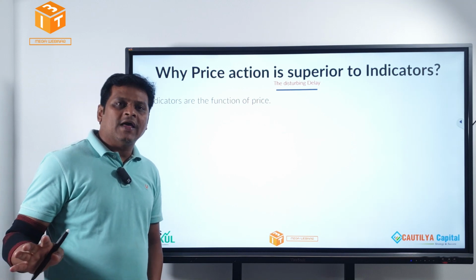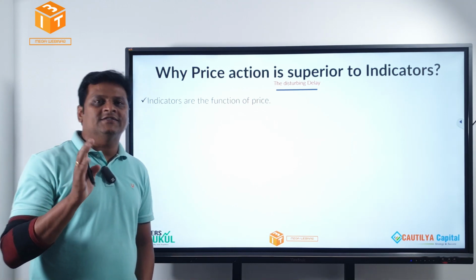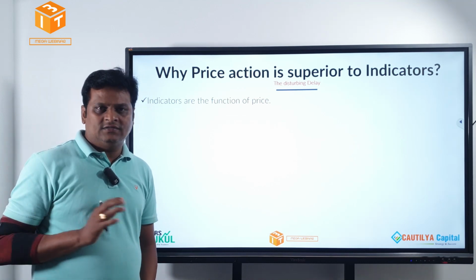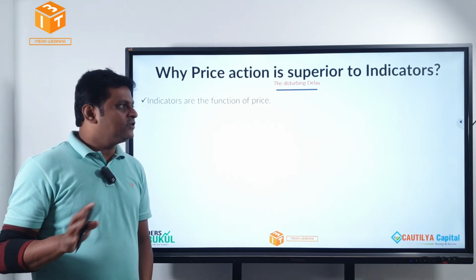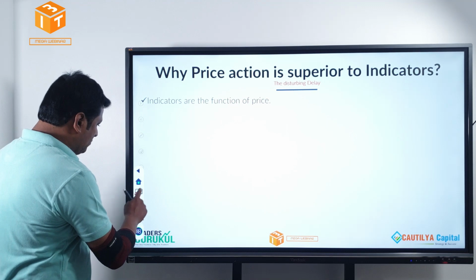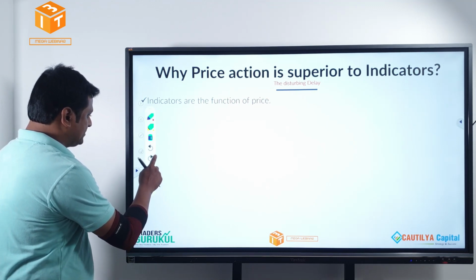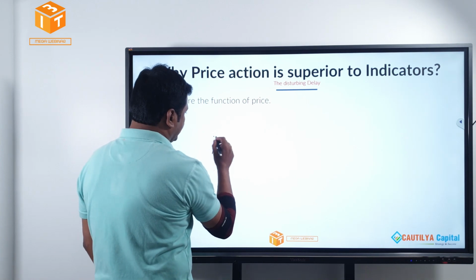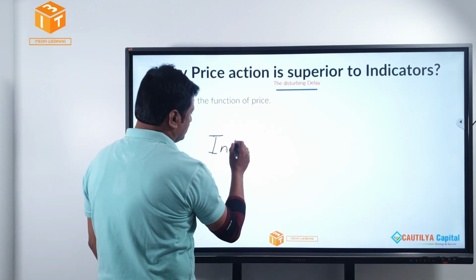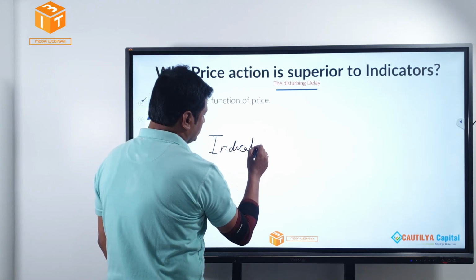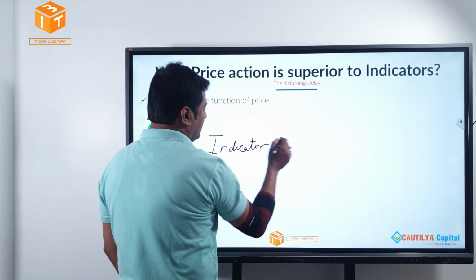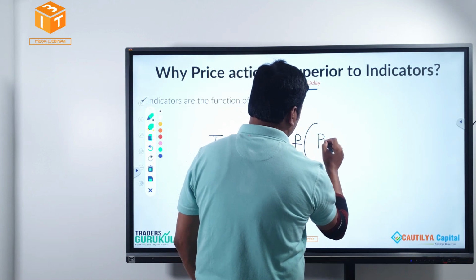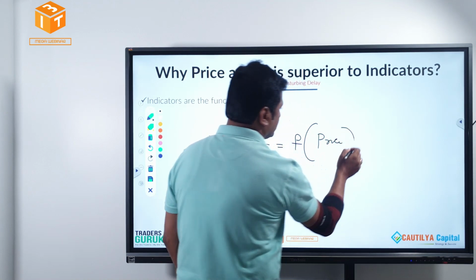Every indicator on the planet is a function of price. Okay? All indicators. If you ask me, I can always write it like this: your indicator is a function of price.